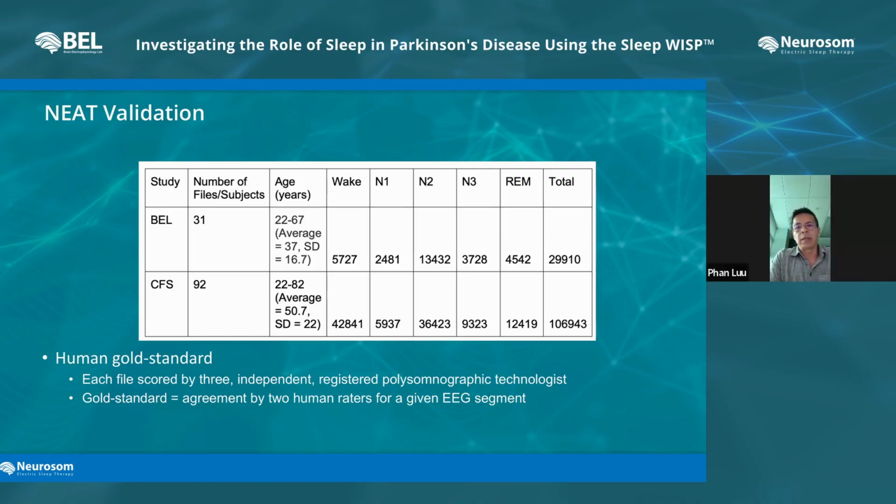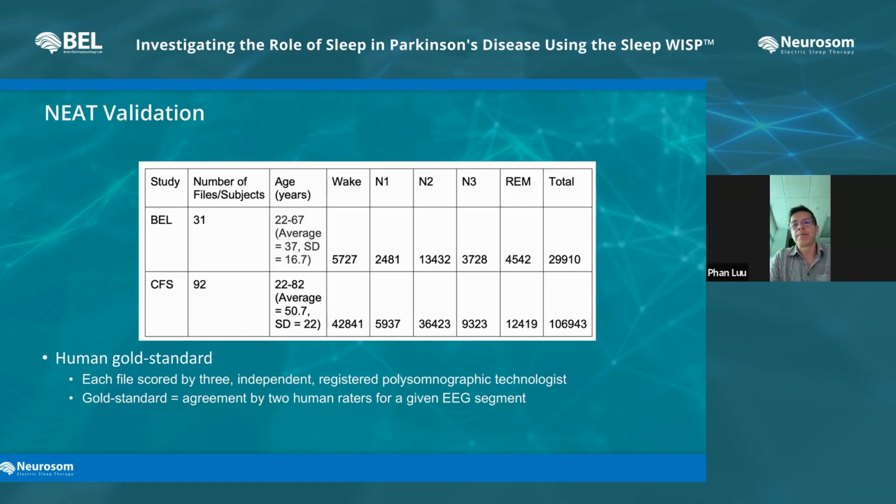And then we run NEAT through that, and we calculate the positive agreement, negative agreement, and overall agreement, both for NEAT as well as the predicate, as well as against human raters. We can use the same criteria for human raters.